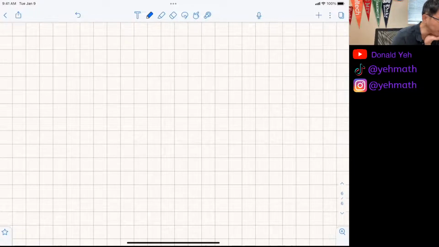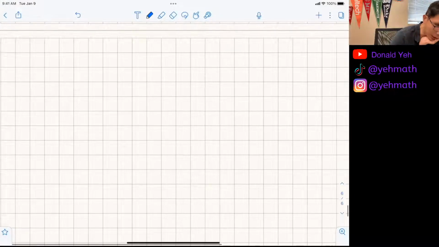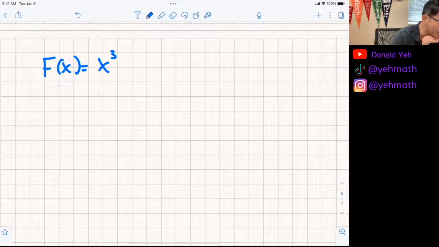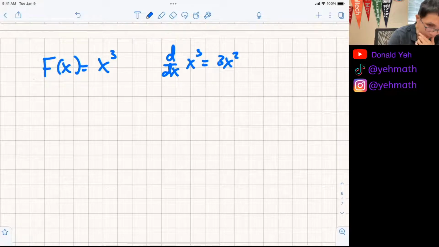Okay, so what we're gonna do, guys, is talk about the F of x. Now, why do I capitalize this? There's a reason why I capitalize this. If I take d/dx of x cubed, that's equal to 3x squared.